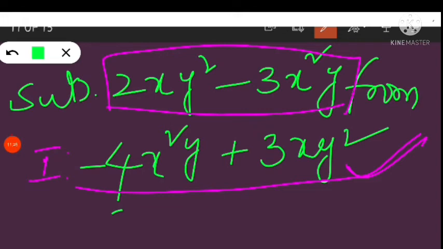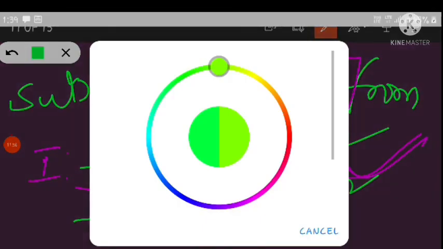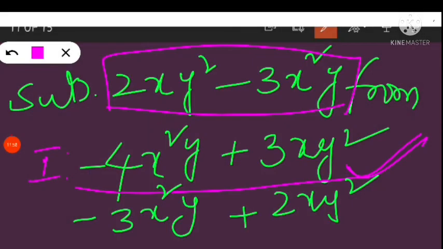After observing, minus 3x square y is the like term to minus 4x square y, so I am taking that term below the minus 4x square y, and 2xy square is the like term to 3xy square, so with its plus sign I am writing it below the 3xy square. Now he is asking that we need to subtract.